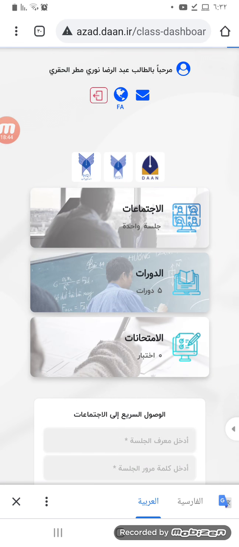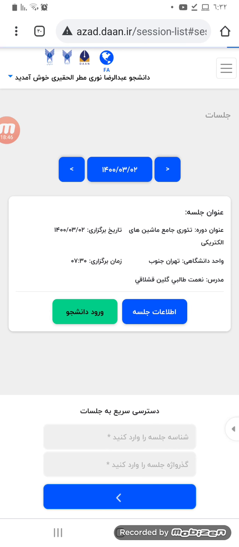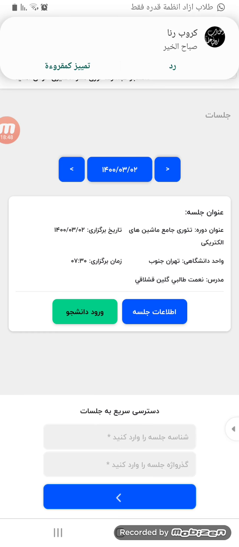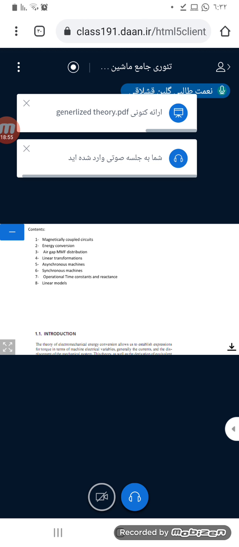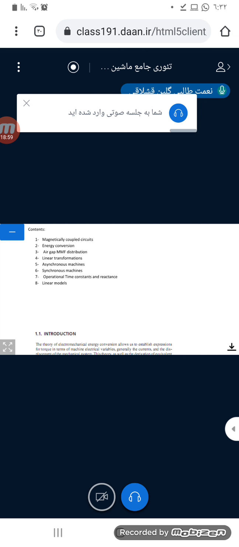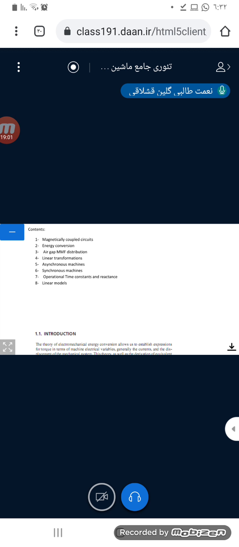So we can use linear transformation to transform these non-linear time-varying differential equations and omit the time-varying property of these equations.